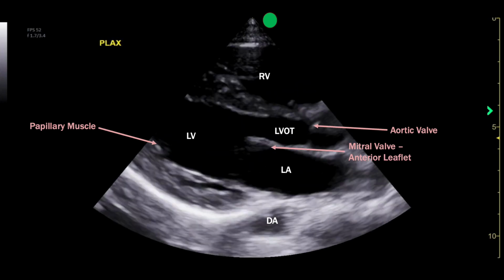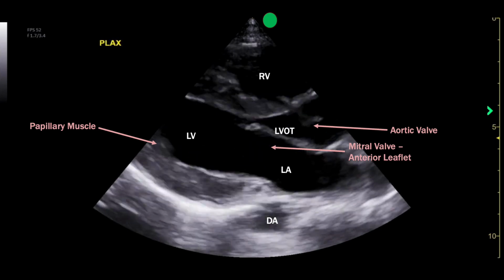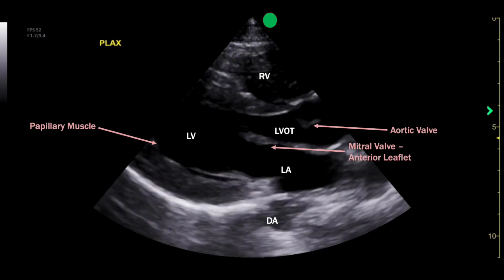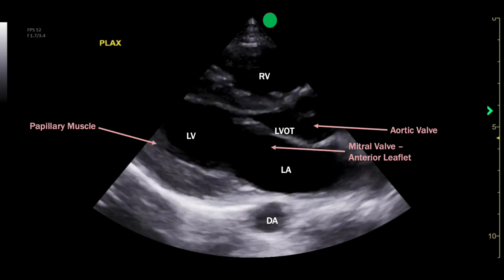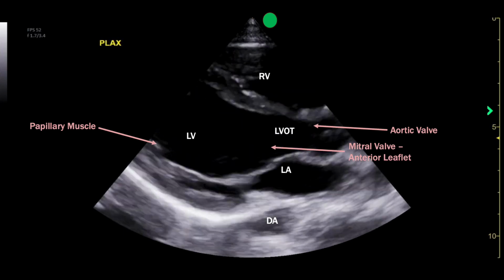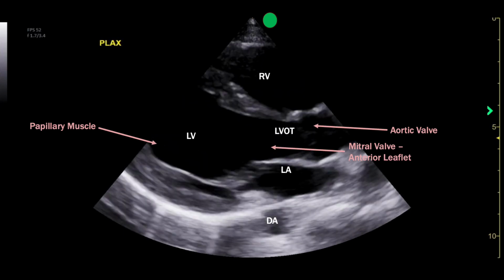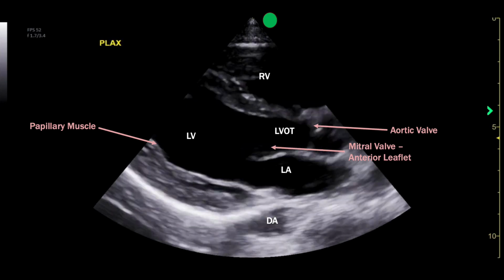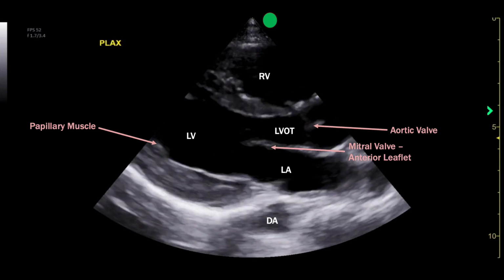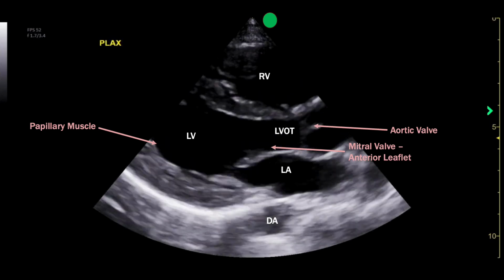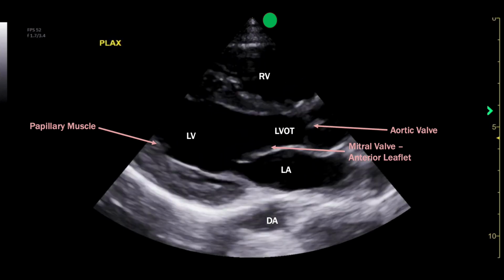In this case, the probe marker indicator is pointing to the right shoulder or right superior aspect of the patient. Therefore, the right side of the screen is showing the structures of the heart that are found in the right superior aspect of the patient in relation to the position of the probe. So in this case, if you remember correctly, the probe is in the 3rd, 4th intercostal space, left sternal border.